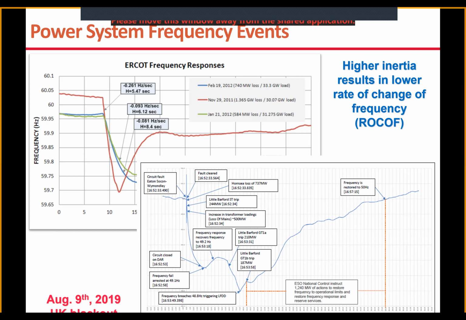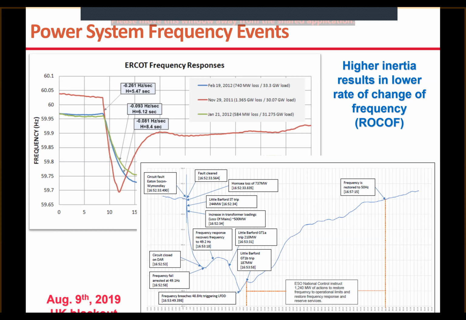The lightning strike caused some temporary overvoltage, and this temporary overvoltage caused the trip of a whole wind farm, a 700 megawatt wind farm tripped off.